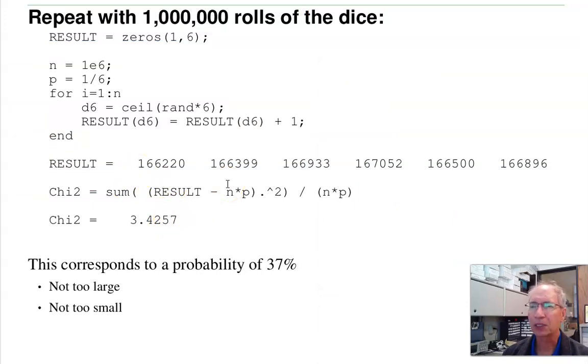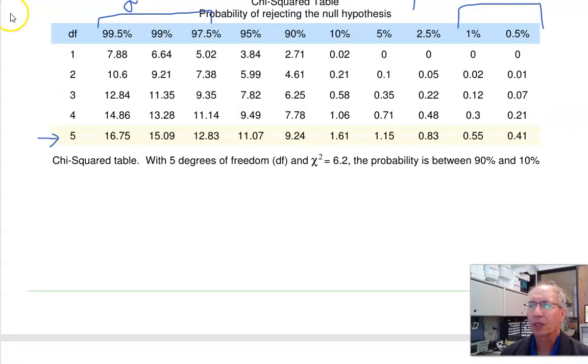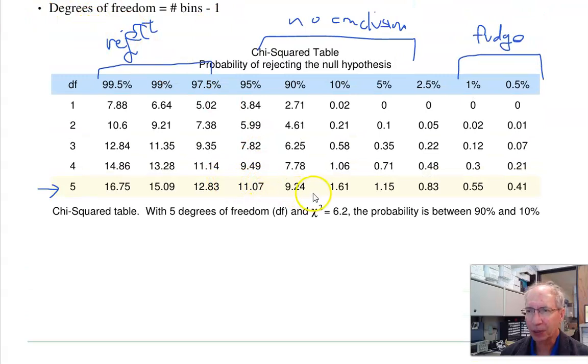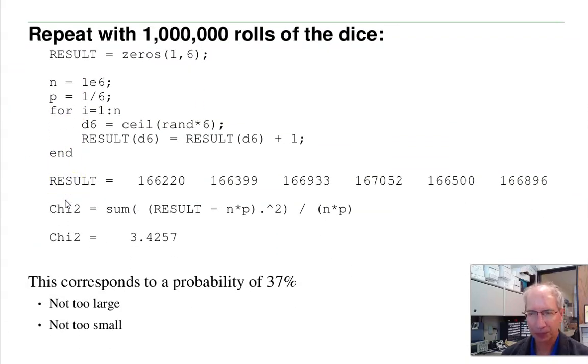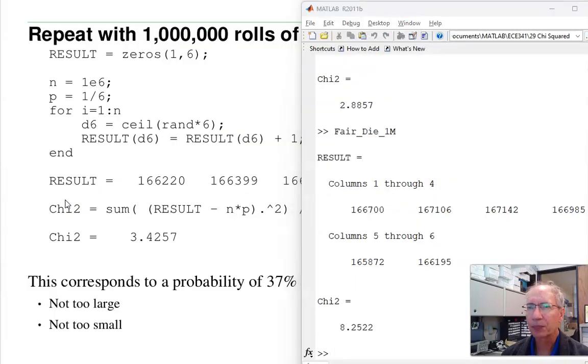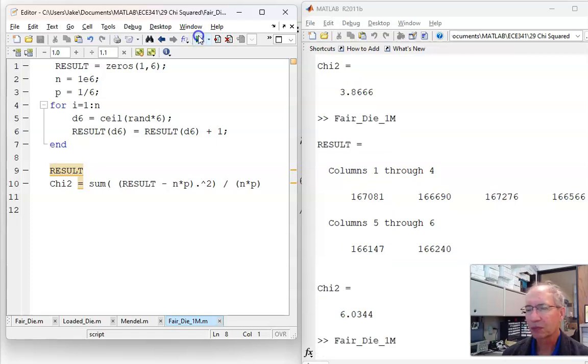But typically, I'll get numbers between, say, 1.6 and 9. So it's not really good data. It's not really bad data. It's just random data. And that's what I'm getting in MATLAB. Usually between 1.6 and 9. Normally what I get.